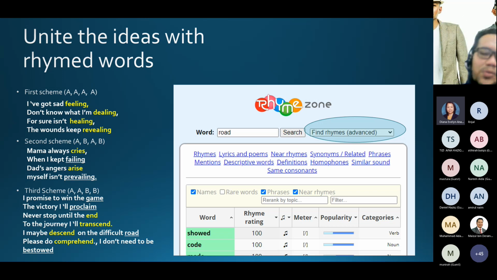Okay, ada soalan tak untuk Rhymezone? You have anything? No. Madam Diana, okay, from Beaufort, how many students do you have? Hello, Mr. Bayu. Yeah. Okay, one of my students, she got problem with internet connection.